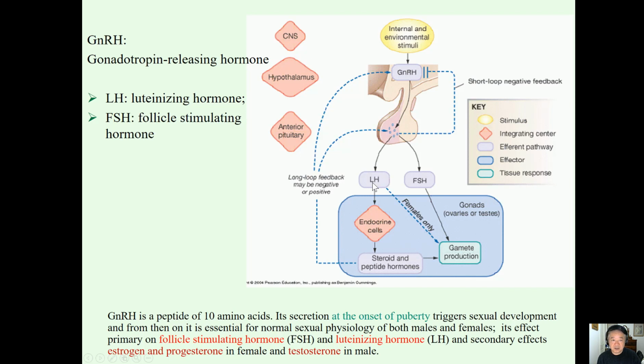One is called LH, which stands for luteinizing hormone, and another one is called FSH, which stands for follicle stimulating hormone. Then coming to the sexual organs, in the female it will be the ovary, and in the male the testes. From there, they will produce estrogen in the female. In the male, they produce testosterone.